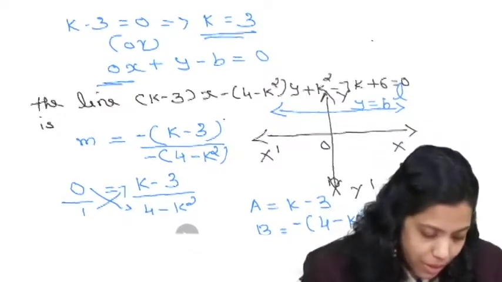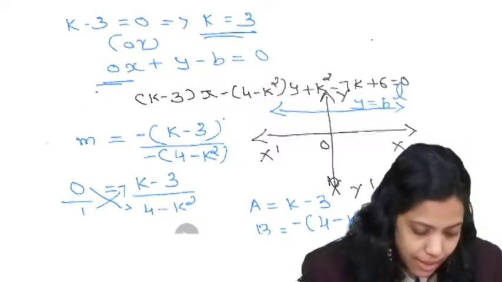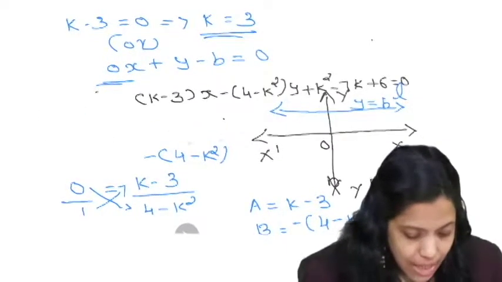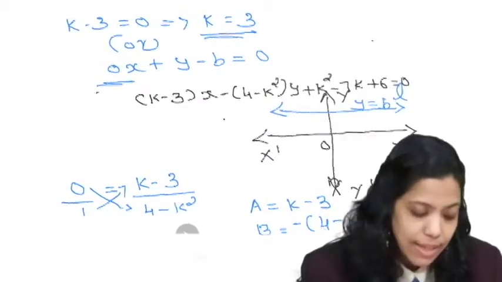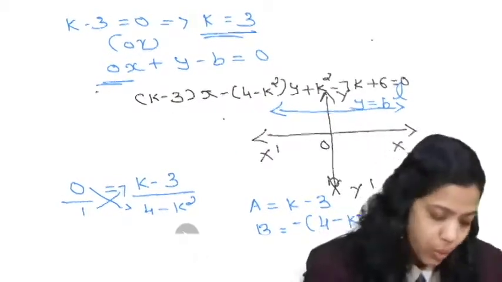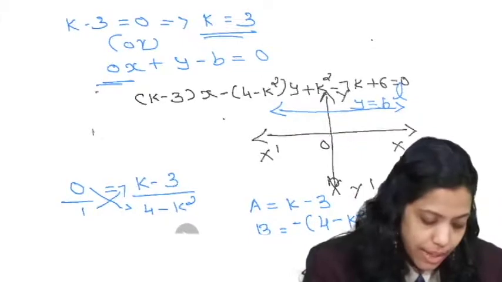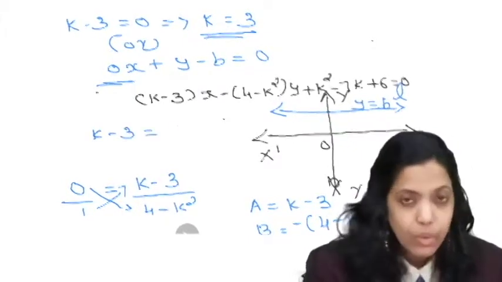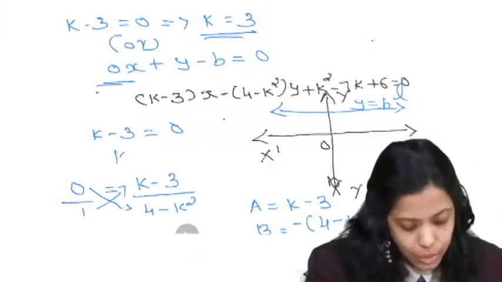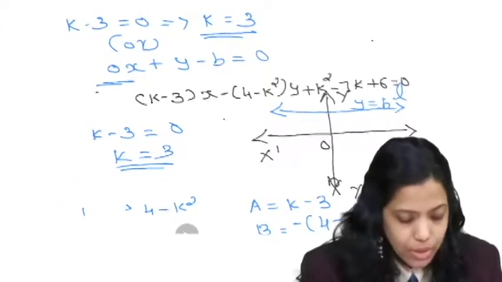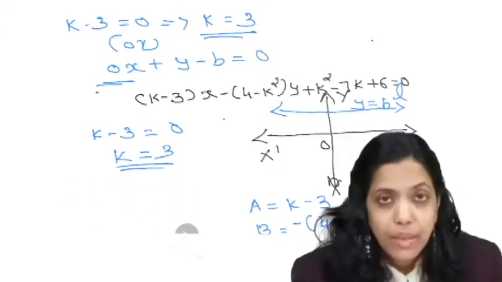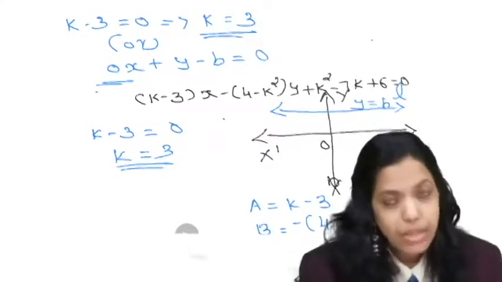If I consider the given line (k minus 3)x, the coefficient of x is k minus 3. So here I can easily equate k minus 3 with 0. So we get k minus 3 equal to 0, again k equal to 3. So in both the conditions, either using the slope concept or equation of the line, we are getting the value of k as 3.